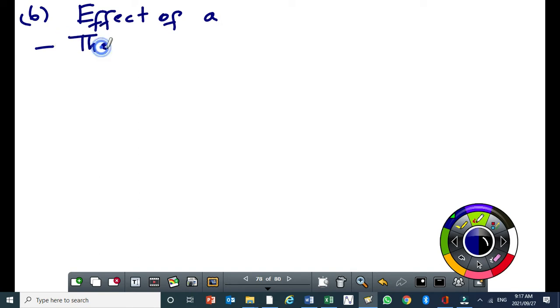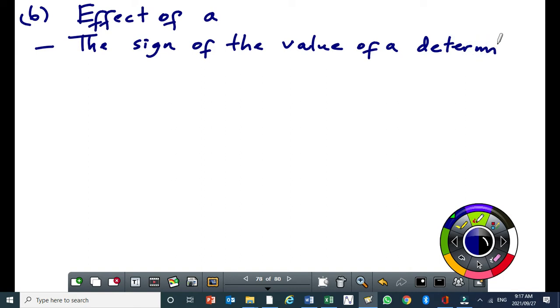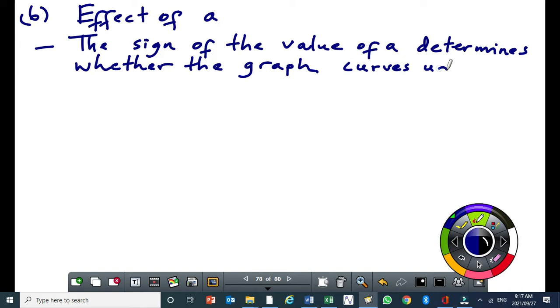So I'll write here the sign of the value of A determines whether the graph curves upwards or downwards. So we have got two cases there.